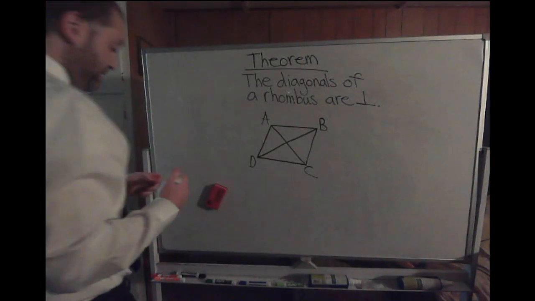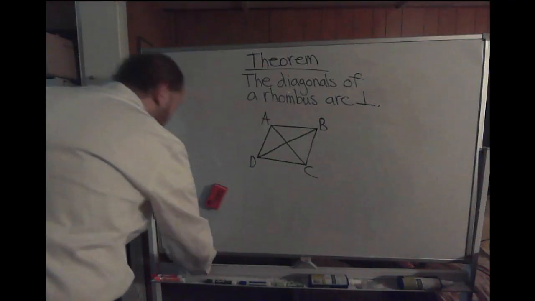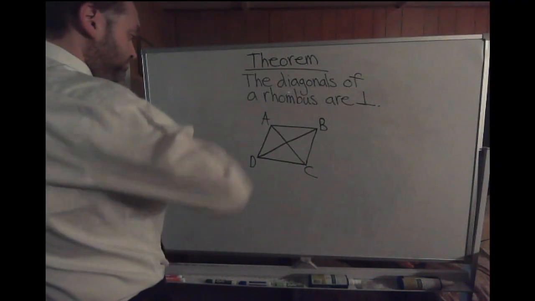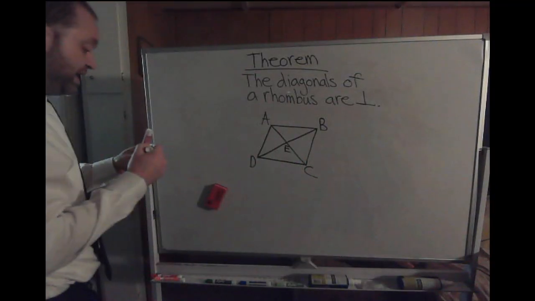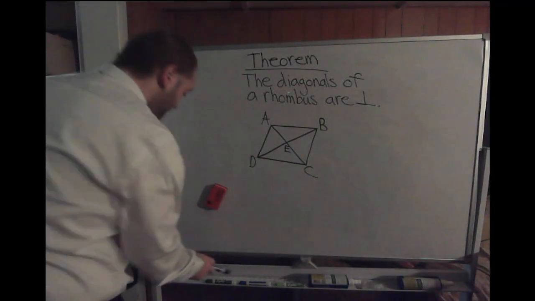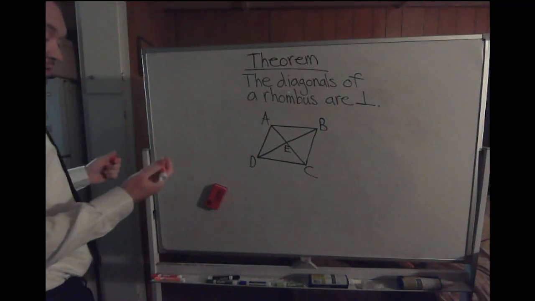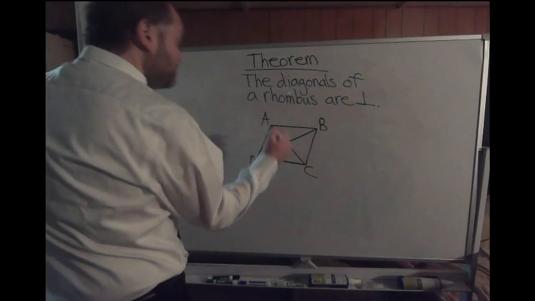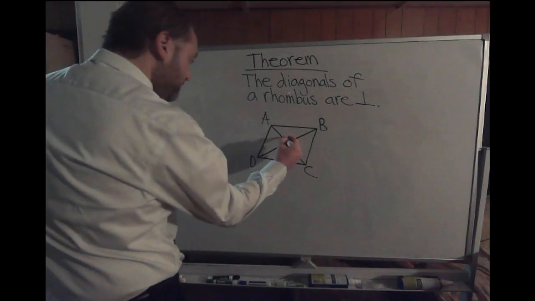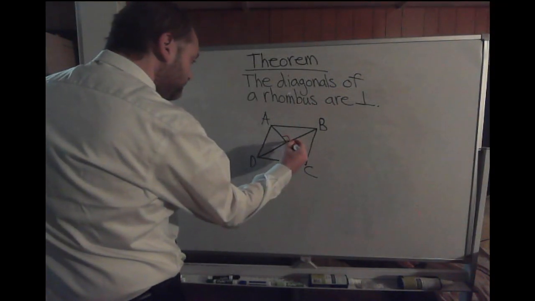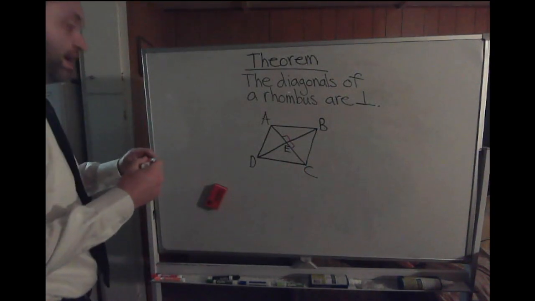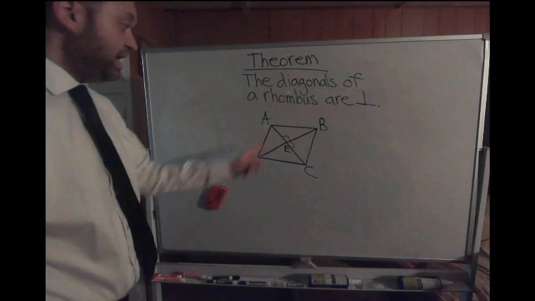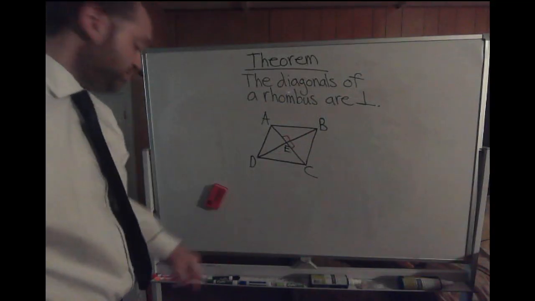I better at least label the point where the diagonals intersect. Okay, so by this theorem, these two diagonals are perpendicular to each other.